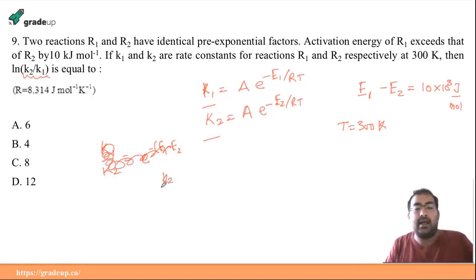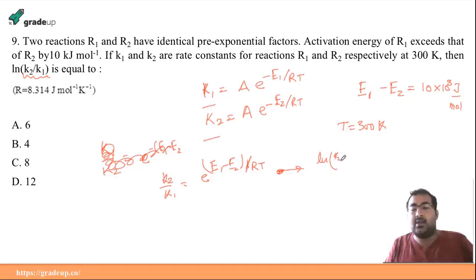So you divide K2 by K1 is equal to, yep, A will be cancelled again, and because there is a minus sign, even though it will be minus of E2 minus E1, you'll eventually get E1 minus E2 divided by RT.